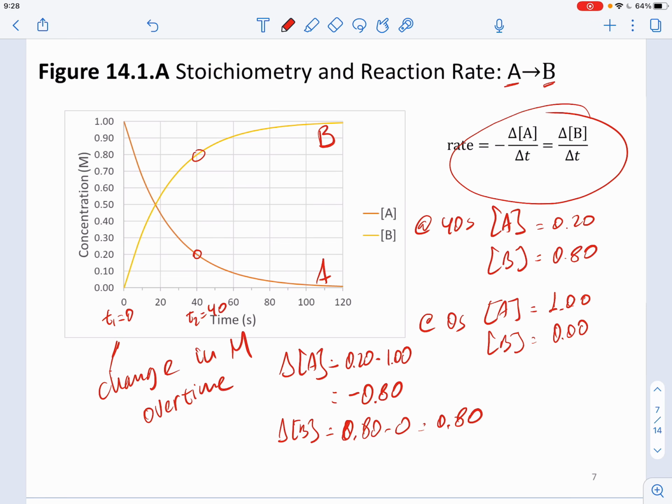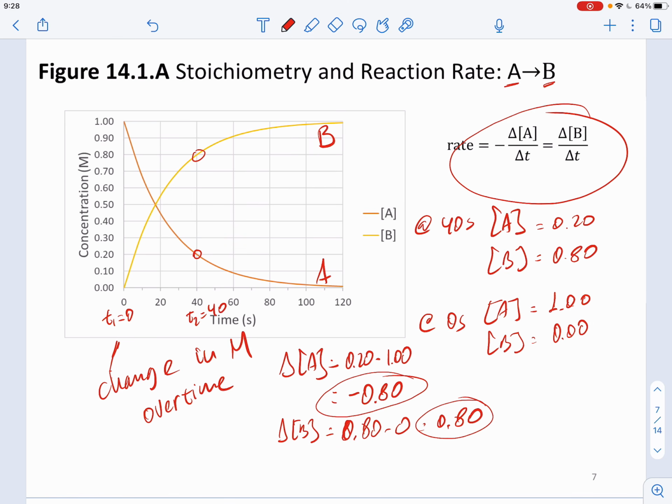So since the stoichiometry of this reaction is 1 to 1, basically if you consume 1 mole of A, you will produce 1 mole of B. In this case, you consume 0.80 moles of A, you produced 0.80 moles of B.